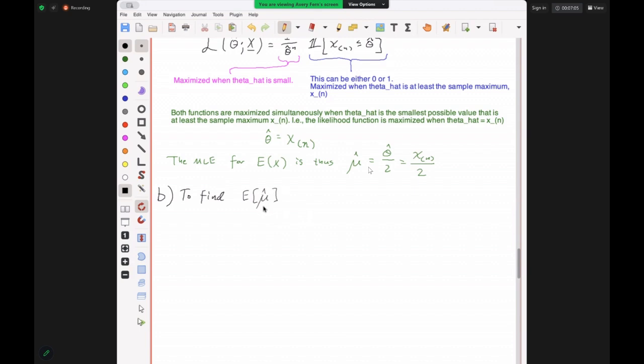Okay, so how do we get the expectation of it? But what do we need to know in order to evaluate that?